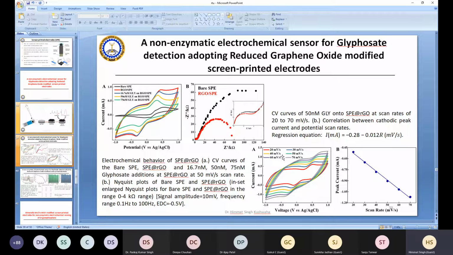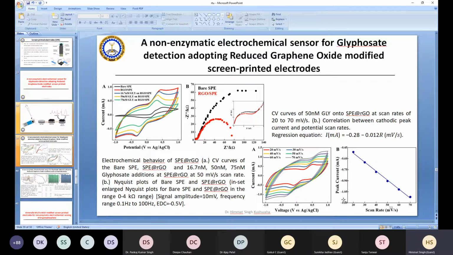The other curve is showing the cyclic voltammetric curve at different scan rates. This experiment is mainly used for the analysis of the active surface area, the electrochemical surface area.